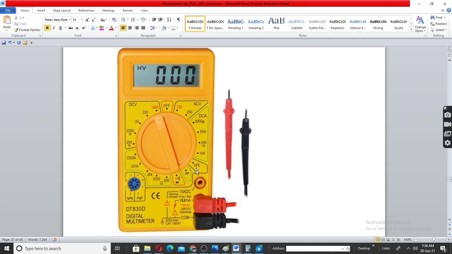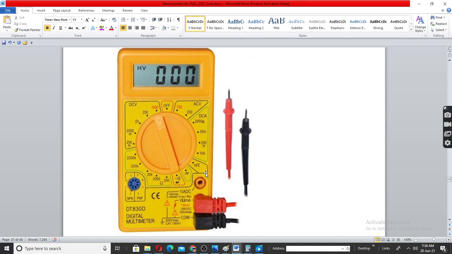While doing all these measurements, except for 10 amperes, which is special, you can see three terminals here: 1, 2, 3.